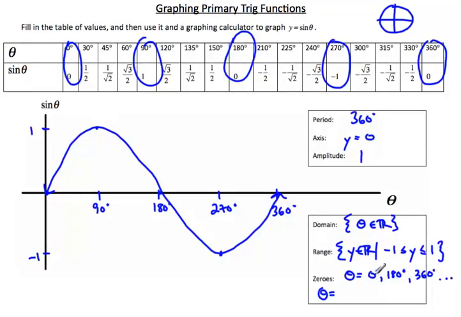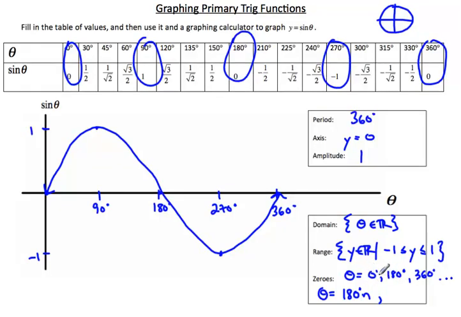You can think of 0 as 180 times 0, 180 as 180 times 1, 360 as 180 times 2, etc. So all of these are in the form 180 times n, where n is some number. Actually, we want n to be an integer, not a half or 1.2 or anything like that.